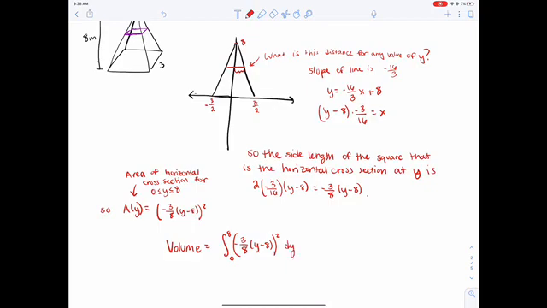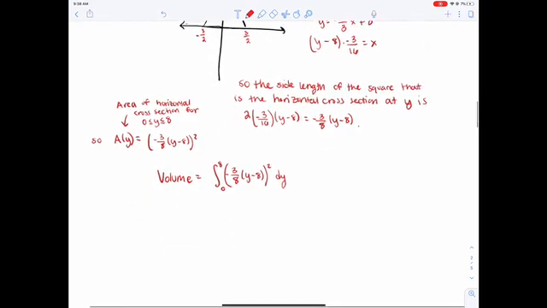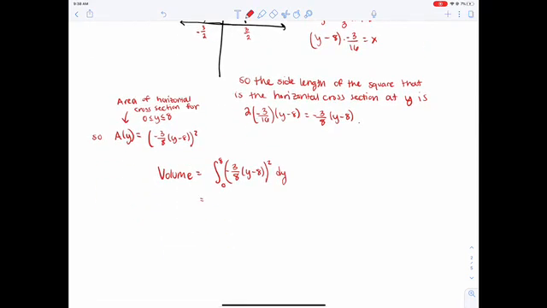So the volume will be the integral from 0 to 8 of A(y), which is negative 3/8 times (y minus 8), squared. And now we can just integrate. First, let's simplify. So we'll have 9/64 times (y minus 8) squared. And we can rewrite (y minus 8) squared as y squared minus 16y plus 64.